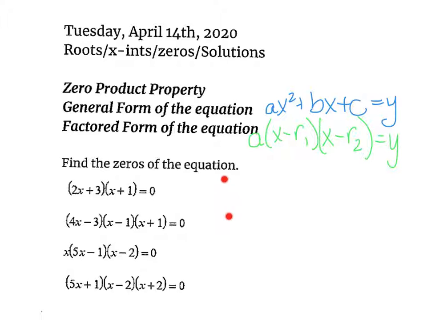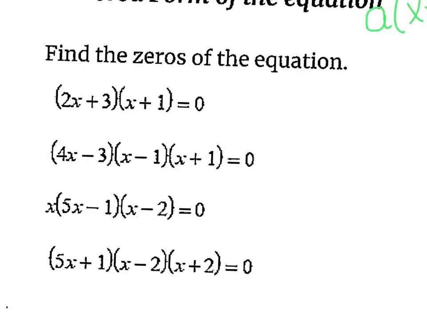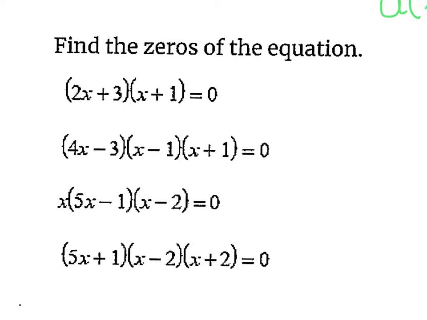Now when we find the zeros of the equation, when you're in factored form, which this is, when you have two factors, that is two parts multiplied together equal to zero, we use the zero product property, and we can solve by setting each of these two to zero itself, like 2x plus 3 equals 0, and solve for x.